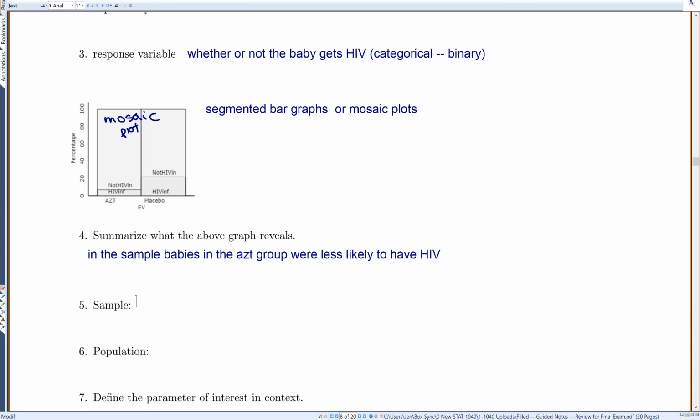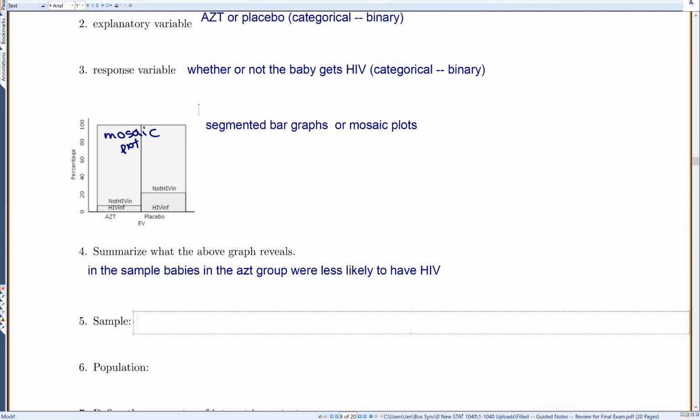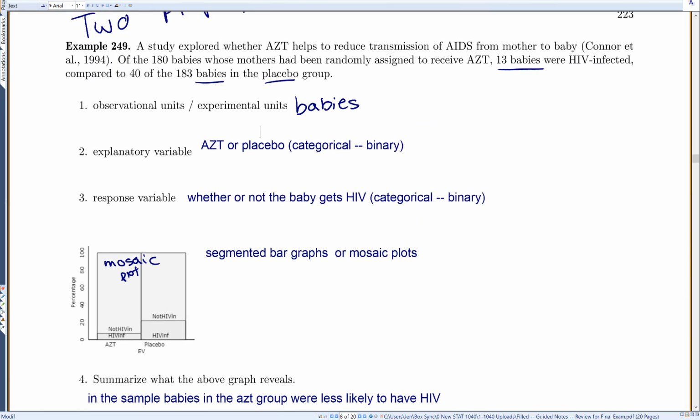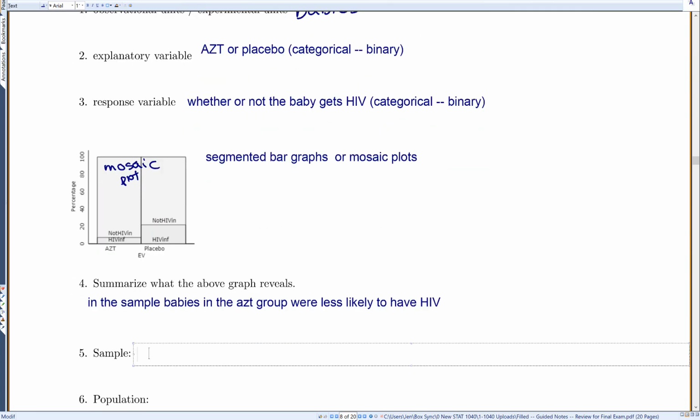So let's talk about, like, what would our sample be and what would the populations be? So basically let's come back up and look at our numbers. There are 180 babies that were in the AZT group. So the sample, we have two samples. So the 180 babies in the AZT group.